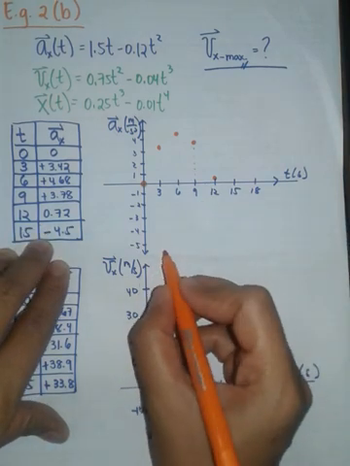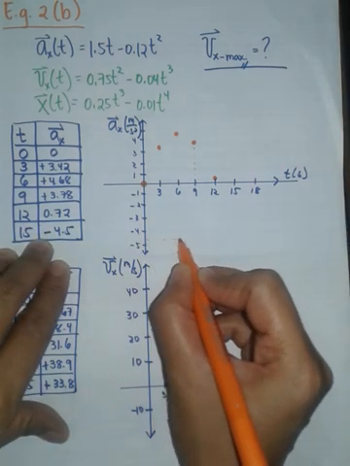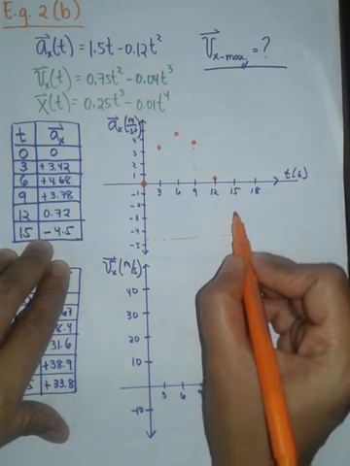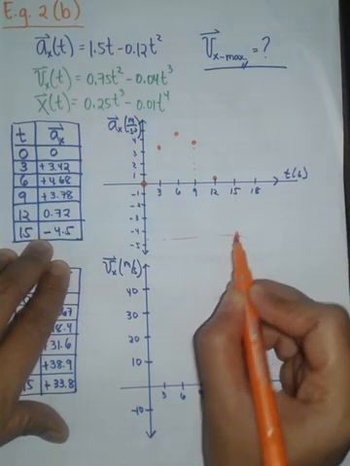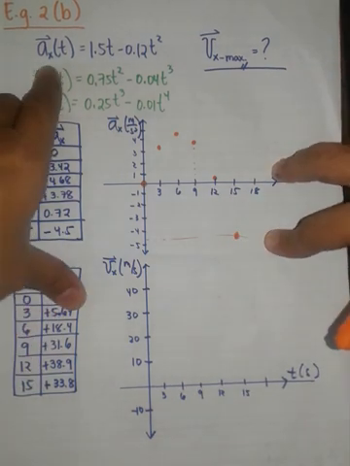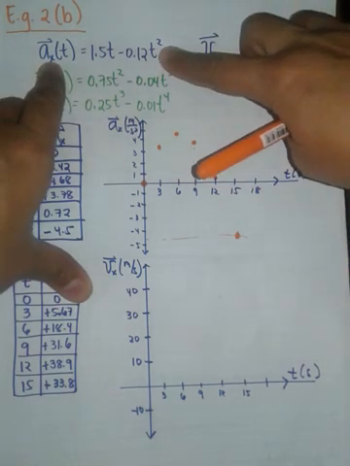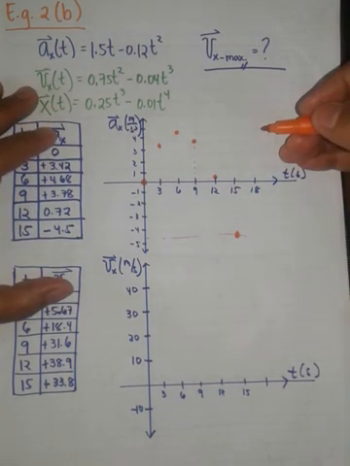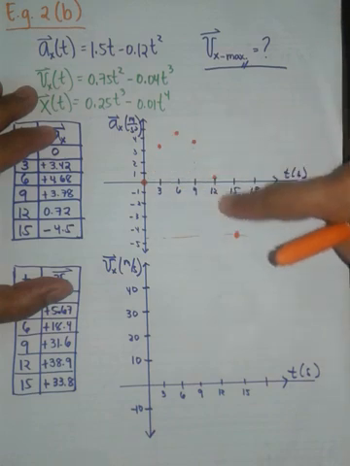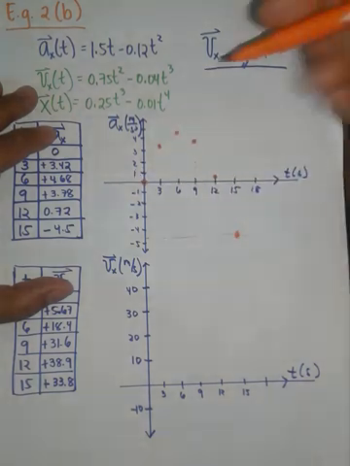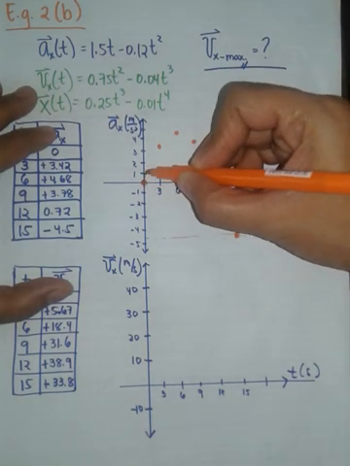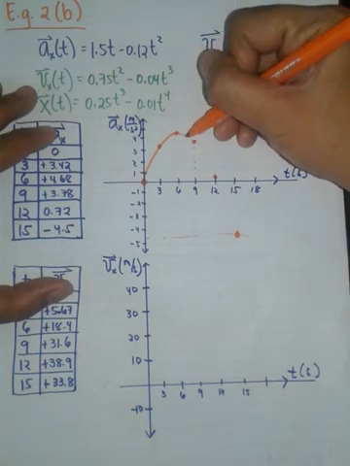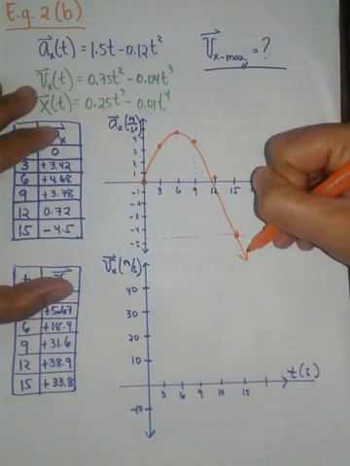And then 15 is negative 4.5, so somewhere here when time is 15. If you check, our acceleration as a function of time is quadratic. So for our best fit line, you can see the pattern, it's like an upside down bowl. It's a parabolic curve, more or less.